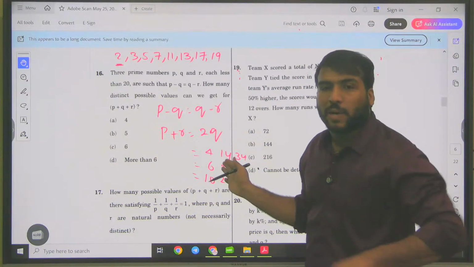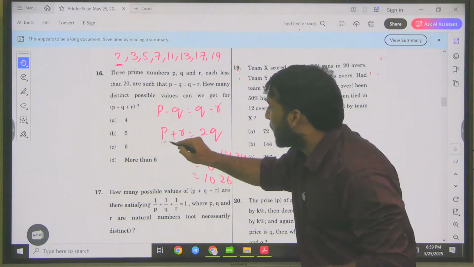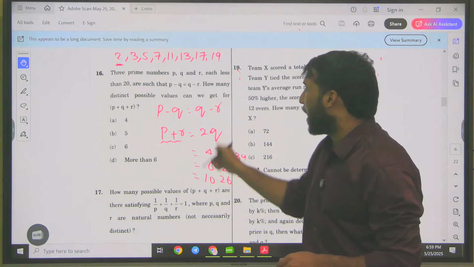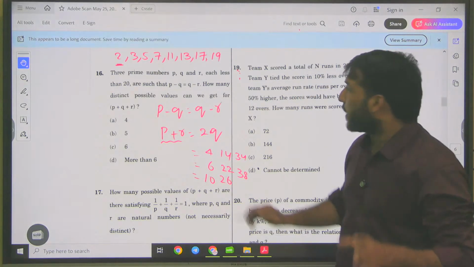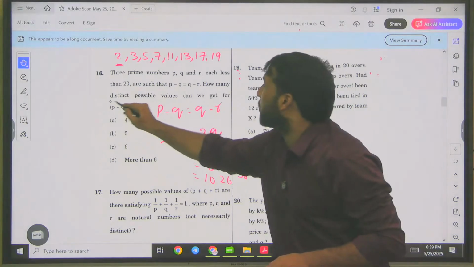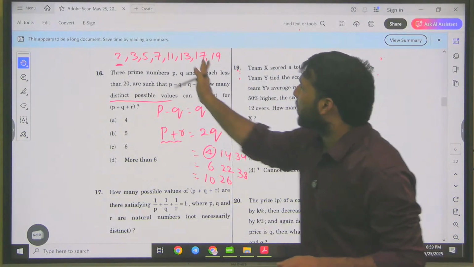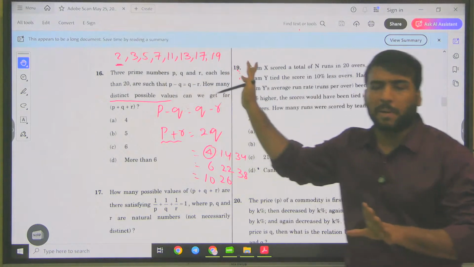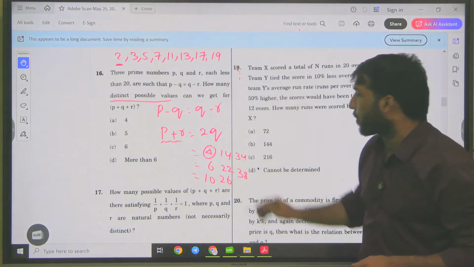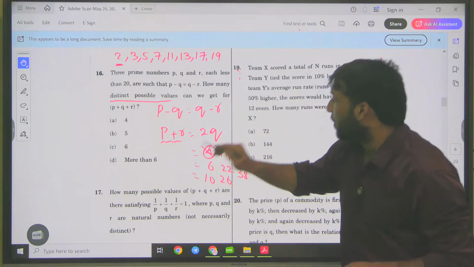Why am I adding these values? Because if I add p plus q plus p plus r, I should get 2q. He is asking for distinct possible values. Whatever number you consider among the prime numbers less than 20, I won't be getting 4, so that is not a possibility.